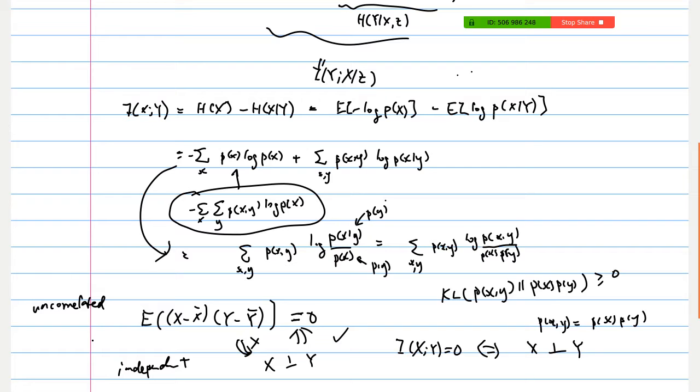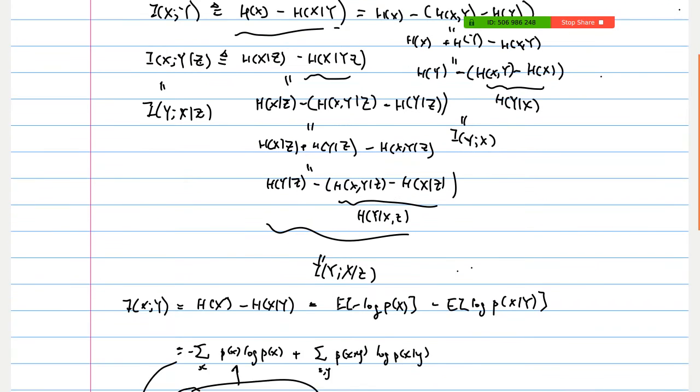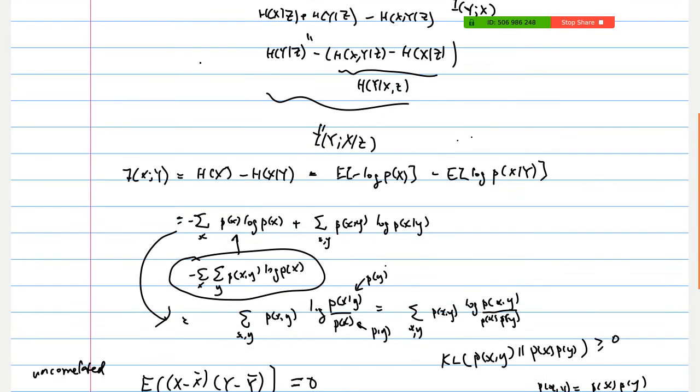Okay, what else I want to say? Oh, okay. If my random variables are continuous, then I probably didn't define the mutual information for continuous random variables yet. But as you can expect, the mutual information will be simply from the original entropy, and we replace all of this with differential entropy, right?